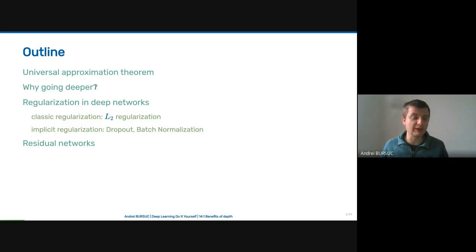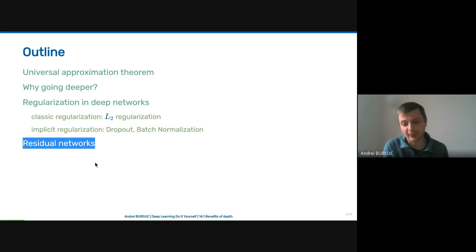Then we'll go specifically into why it is good to go deeper, and then we'll address some of the inconveniences that the depth of neural networks brings, and what mechanisms we have at hand to better regularize and control neural networks. So this is what we'll be speaking about in the next module. And finally, we'll be concluding with arguably the most popular type of deep neural network architecture nowadays, which is the residual networks.